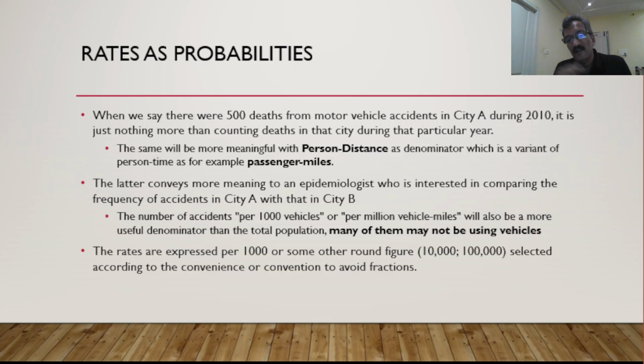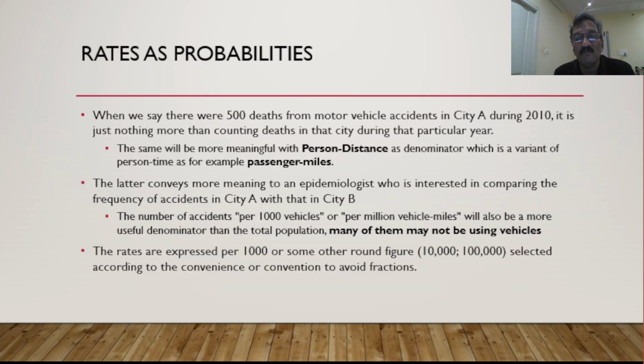Okay, if a person were to travel so many kilometers in a year, what is his chance of actually meeting with a tragic end? So here, we are moving forward as a rate. It's not just mid-year population. We are talking about a dynamic state of events wherein people are traveling all the time, and then over a period of time, for a person, what is the risk of him meeting with a bad turn of events?